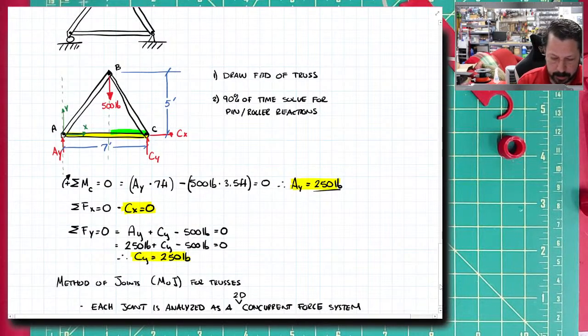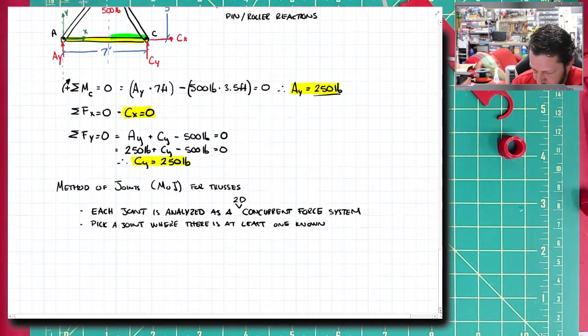Joint A has AY known. Joint B has 500 pounds known. And joint C has CX and CY known. So I could start at any of these joints. But a lot of times you'll have more members in the truss, and so some of these wouldn't be good starting points. In this case, though, we could start at any of these.